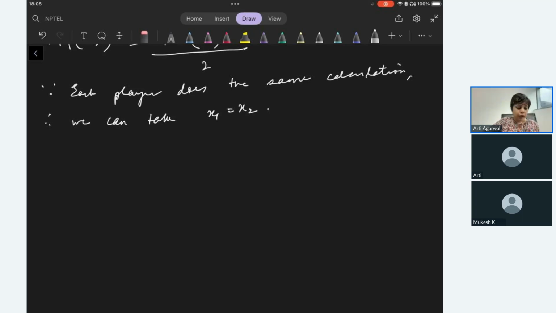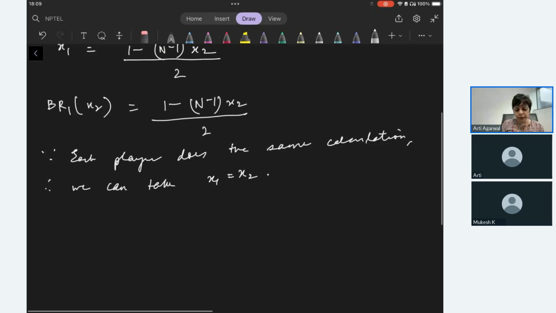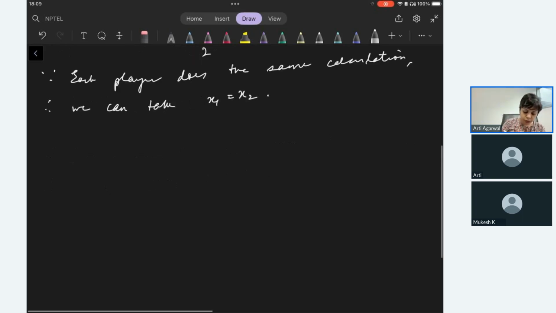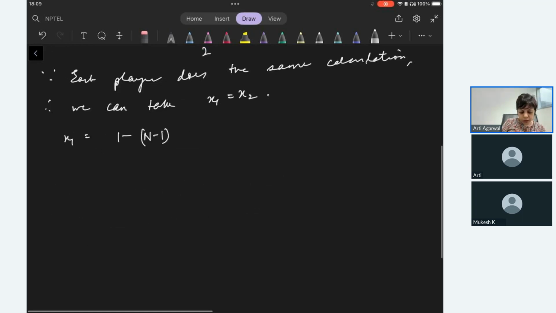Okay, so at this stage now, if we take x1 equal to x2, the thing becomes a bit simpler, right? Otherwise you will keep trying to solve a more complicated question without any need for it being complicated. So this becomes x1 equal to (1 minus (n minus 1) x1) by 2. This is 2x1.